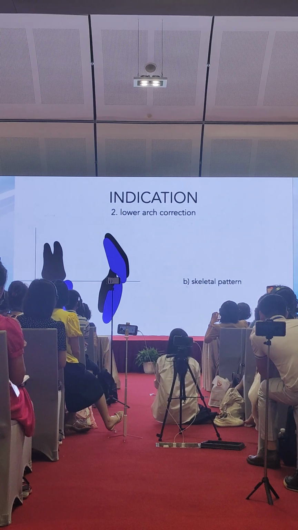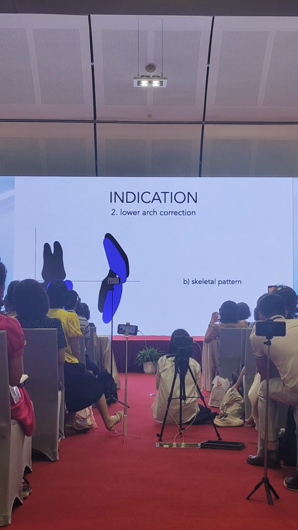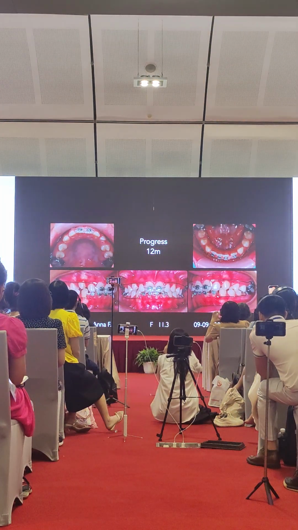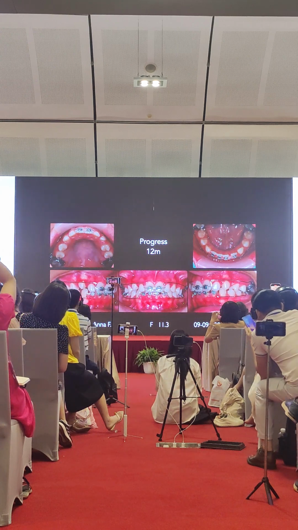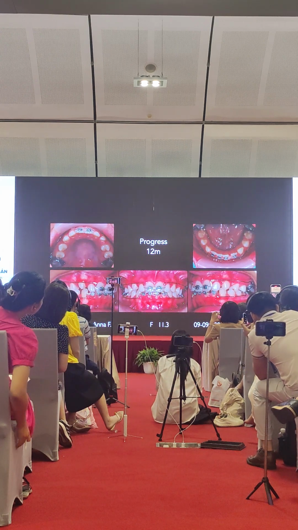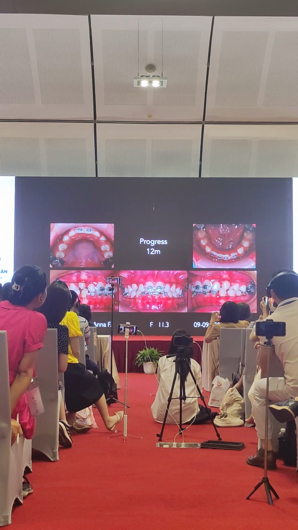We want to unlock the malocclusion and allow the mandible to go forward, without any appliance. So we open the bite, we use in the upper arch 2 by 2, in the lower arch 2 by 4, and this is all the treatment.